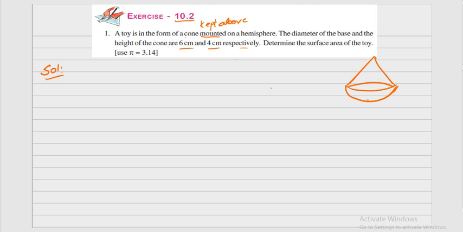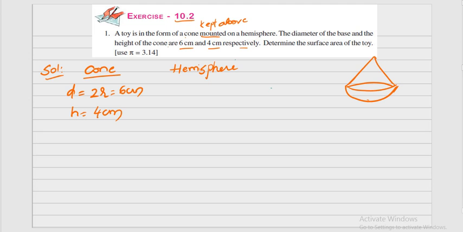Now what are the things that he has given? Here two types of figures are there. The first one is the cone and the second one is the hemisphere. Regarding these two, we are going to discuss this. For the cone, what are the things that are given? The diameter of the cone, 2r, is given as 6 centimeters and the height is given as 4 centimeters.